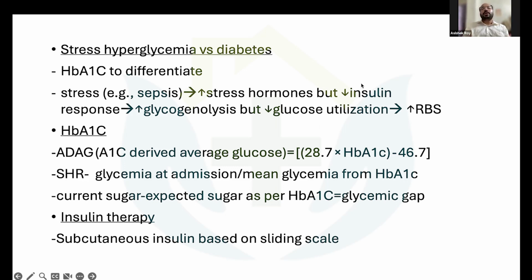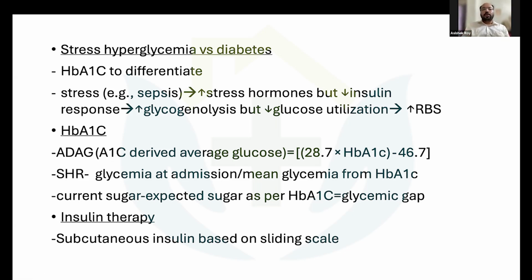Along with this there is a degree of something called dysglycemia. Whenever a patient in the ICU is having high sugar levels, use the term dysglycemia as compared to terms like hyperglycemia or diabetes. HbA1c can help guide what the target sugar levels for this patient could be. There is a formula, ADAG, HbA1c-derived average glucose. You don't have to mug up this formula, I put it there just for information. If you substitute in it, you'll get an idea of what the target sugar level should be in this patient.